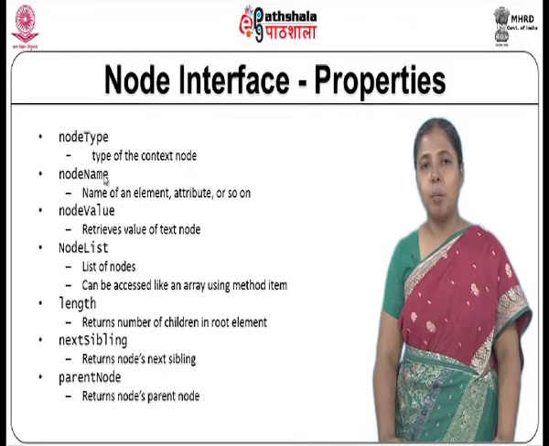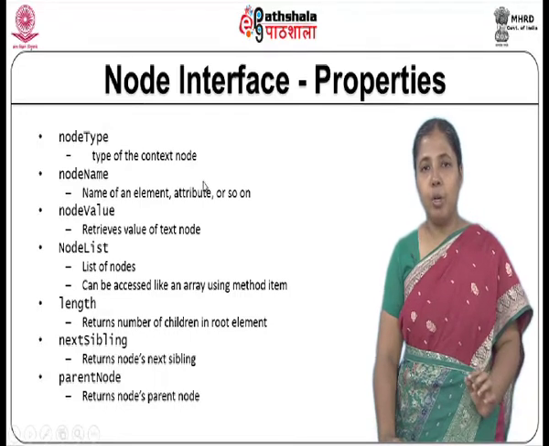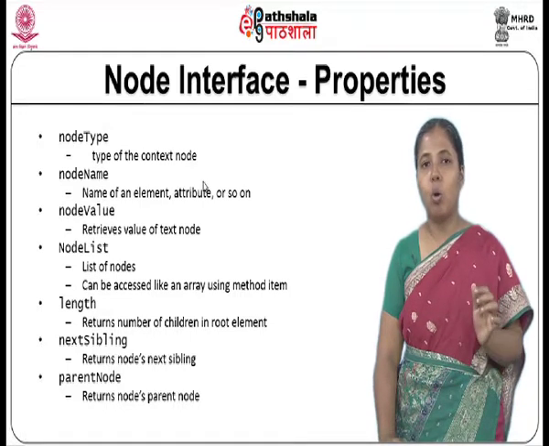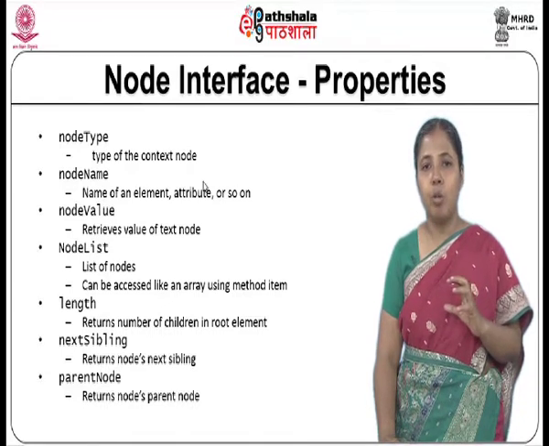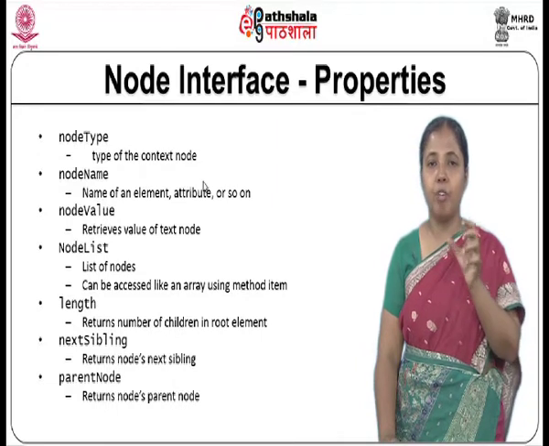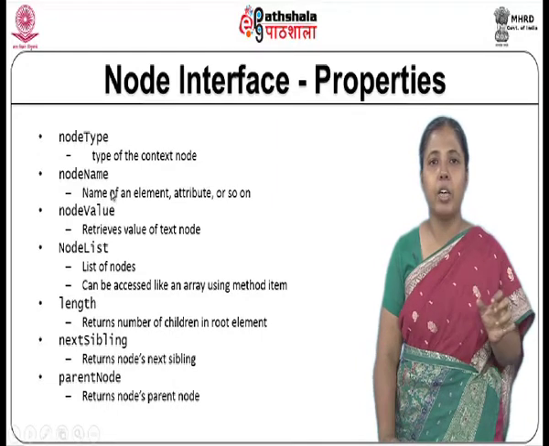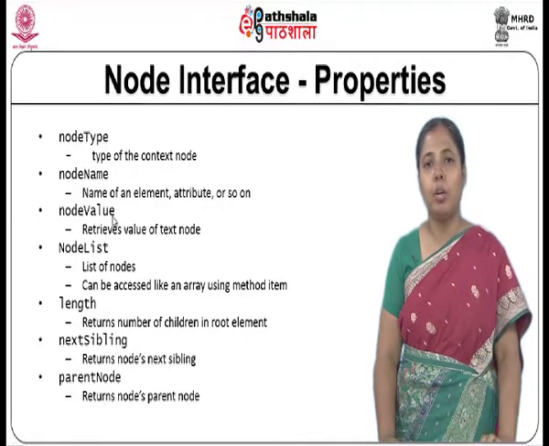This represents the type of the context node, whether it is an element node, an attribute node, a text node or a comment node. As seen in the earlier table, we have different constants to represent the different types of nodes. So, node type is used to find out what type of node is parsed in the document.